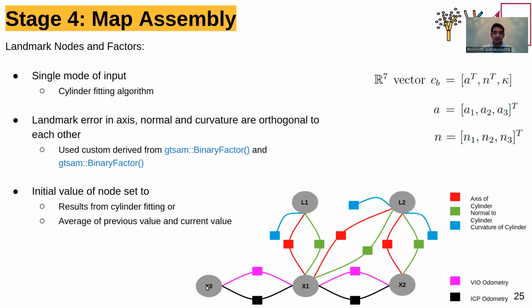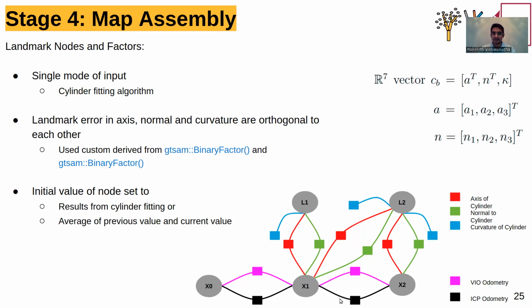So initially, what is done is each of these nodes are populated with their initial estimates. And once we run graph marginalization, essentially a maximum likelihood is performed across this entire graph to obtain the optimal values of each of these nodes.